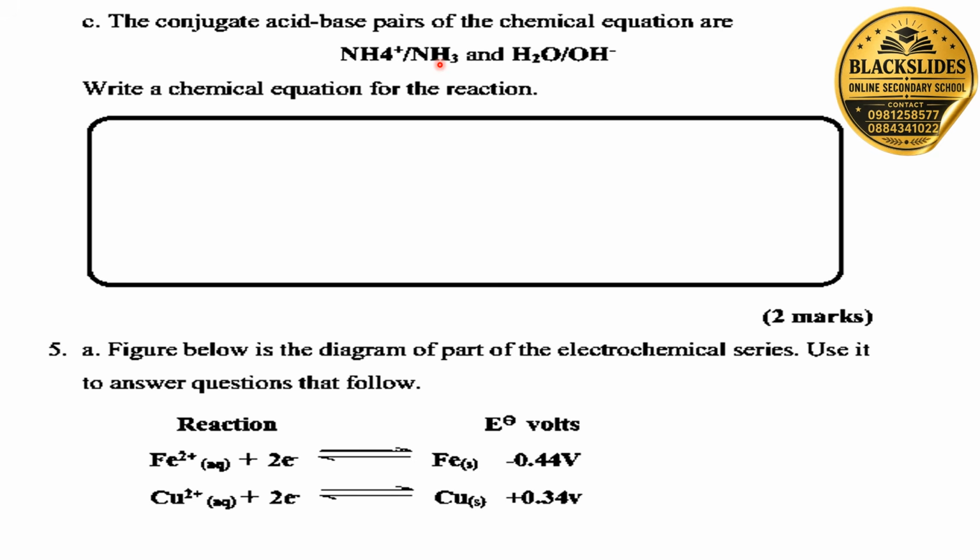So first of all, we must figure out what is happening here. What is happening is that a water molecule donates a hydrogen ion to ammonia to form ammonium. And in so doing, a hydroxide ion will remain.